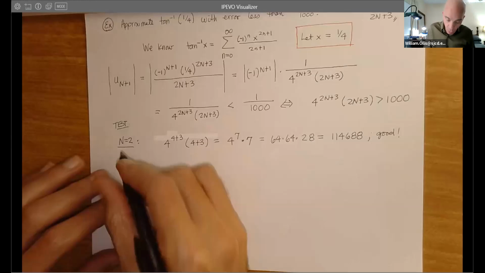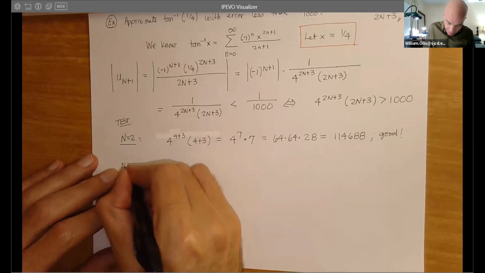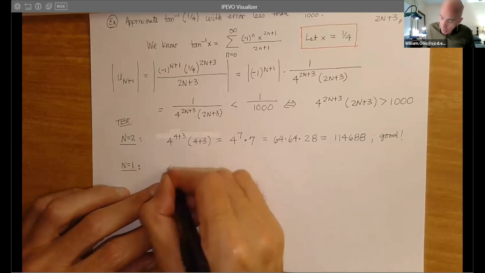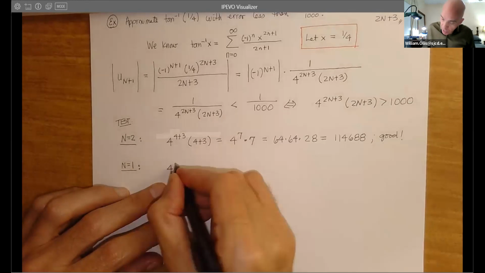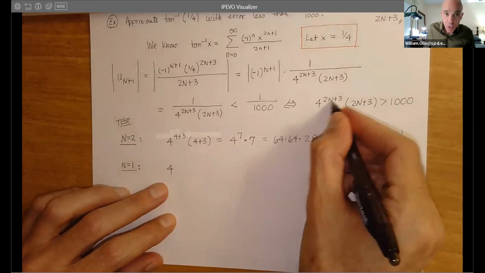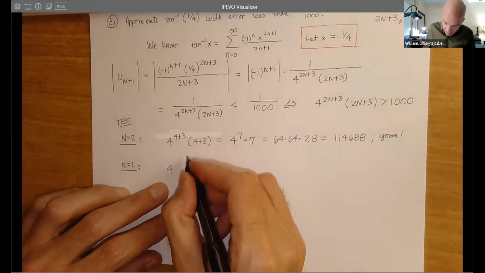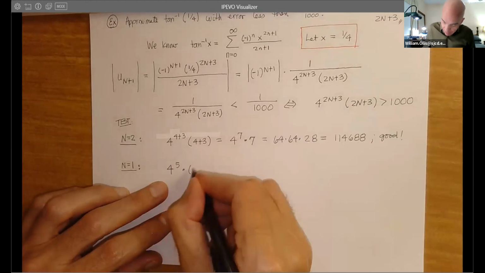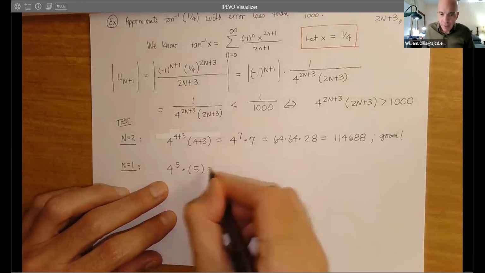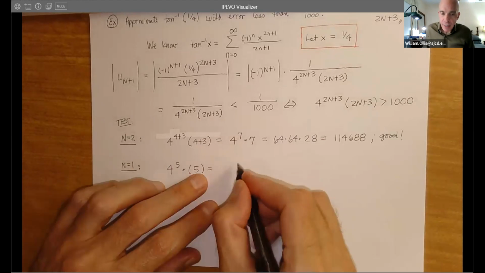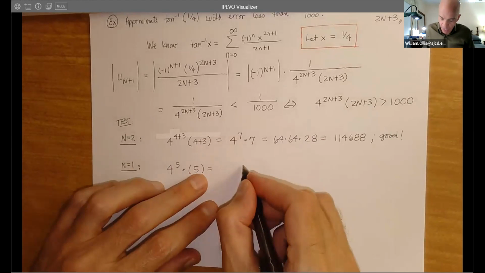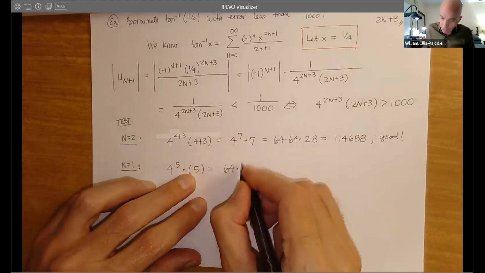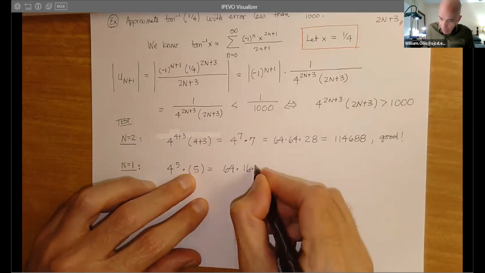So let's check n equal 1. So we'll have 4, again, 2n plus 1. So that's going to be a 2 plus a 3, which is a 5, times 2 plus 3, which is a 5. And in this case, we've got 3 copies and 2 copies. So that's a 64, and we've got a 16 and a 5.